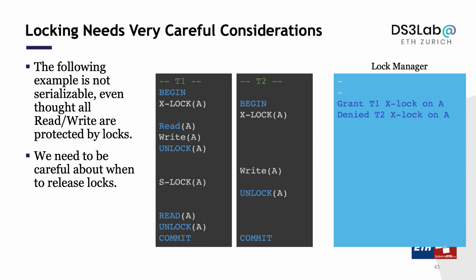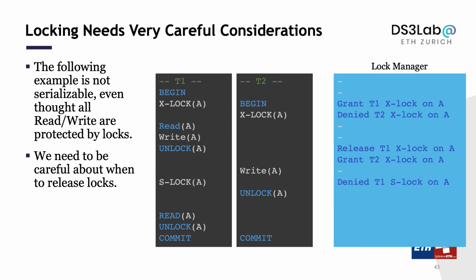Then T1 reads A, writes A, and releases the lock. Then T2 gets the lock and writes A. Then T1 changes its mind: it actually wants to read A again. In this case, T1 is going to acquire the lock on A again. Because it only wants to read it, it tries to get a shared lock, but gets denied because it needs to wait for T2, which is holding the lock.